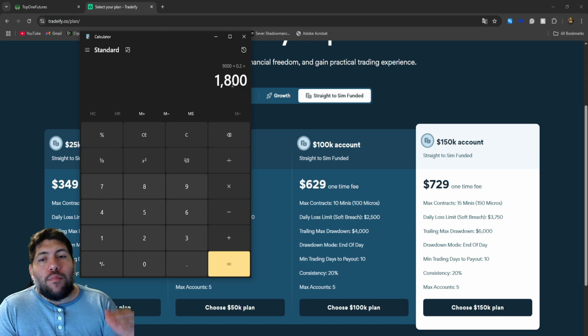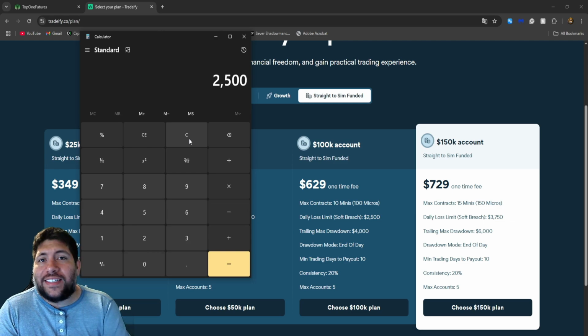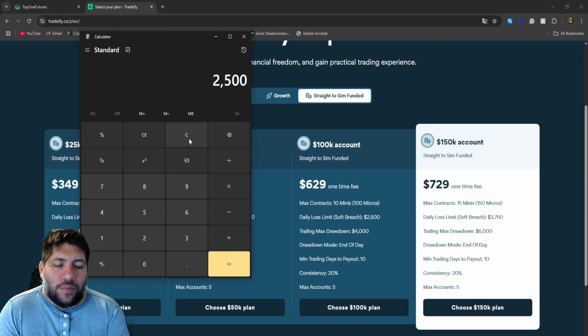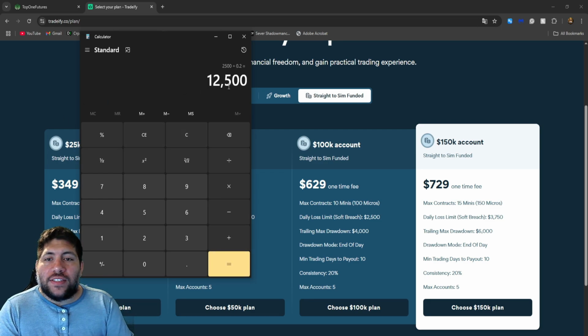Now, if you make more than $1,800, there is a different equation that you do. So let's just say we make $2,500 on one specific day. Instead of multiplying by 20%, you want to divide it by 20%, which the number then increases to $12,500.